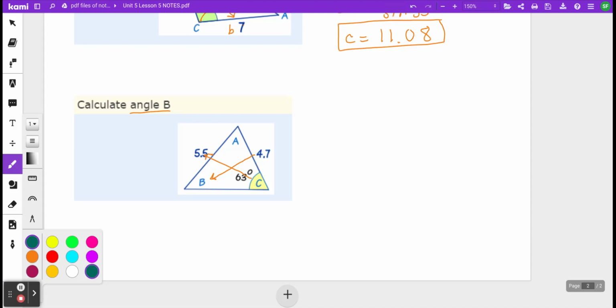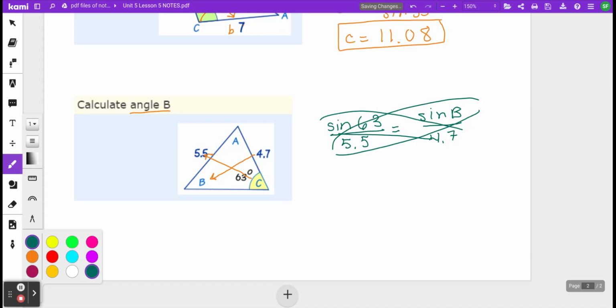And I'm going to start with the ones we know. So I'm going to go sine 63 over the side it's related to, 5.5, and then sine, and we don't know the angle, over 4.7. And then we're going to cross multiply.